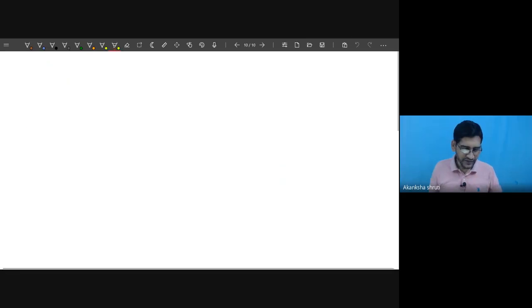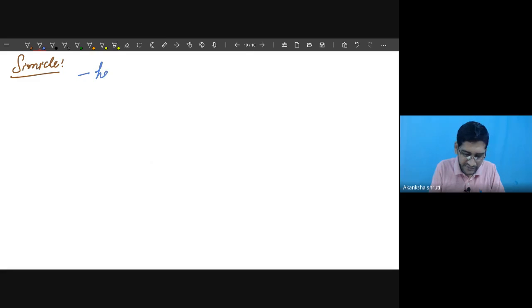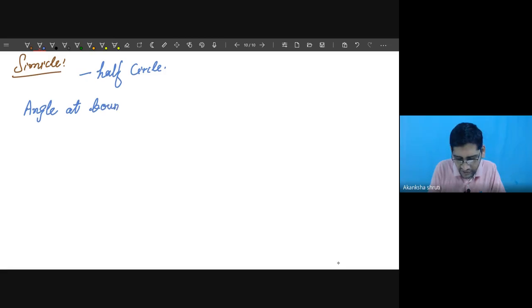Now, if we come to the semicircle, students, semicircle simply means the half circle. Then what is the angle by its diameter, or angle at the boundary?